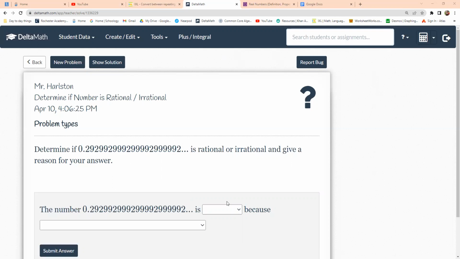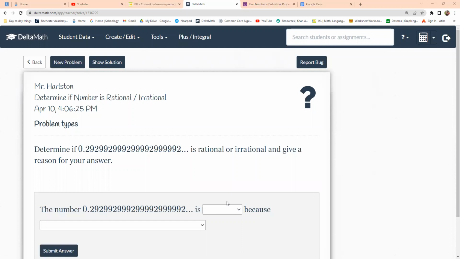All right, so this one, it's adding a 9. So it adds a 9 here, and then it adds another 9 here. So this is 1 9, this is 2 9s, this one has 3 9s, this one has 4 9s, this one has 5 9s. So this one would probably have 6 9s. But even though there's a pattern, this is not considered repeatable.